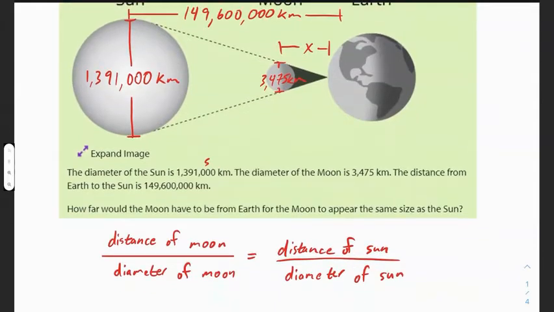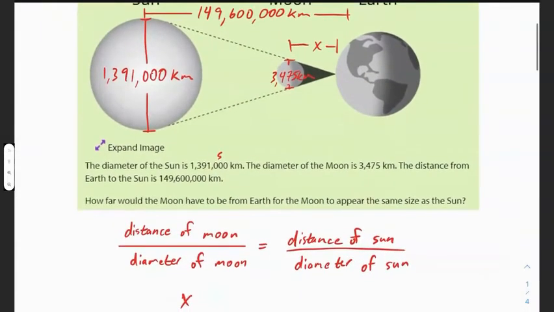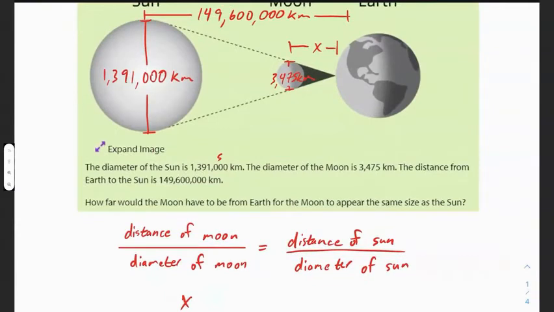So the distance of the moon, we don't know, so x. We do know the diameter of the moon to be 3,475 kilometers. And the distance of the sun is some ridiculous number, 149,600,000 kilometers, in relation to the diameter of the sun, which was a little more adorable compared to its distance, thankfully.